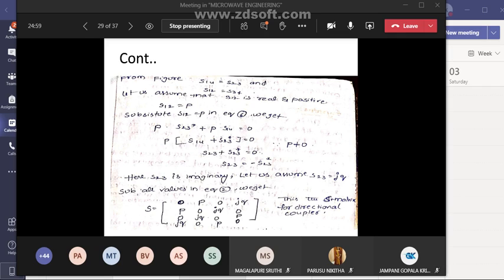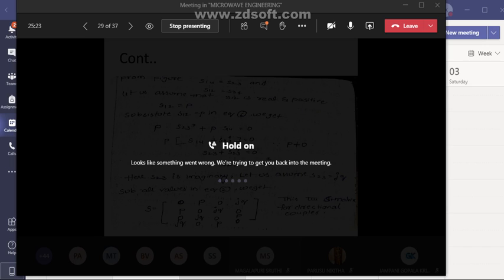S23 plus complex conjugate S23 equal to 0. Right? Here P not equal to 0, so it is a positive value. So here S23 is imaginary. So let us assume S23 equal to JQ.